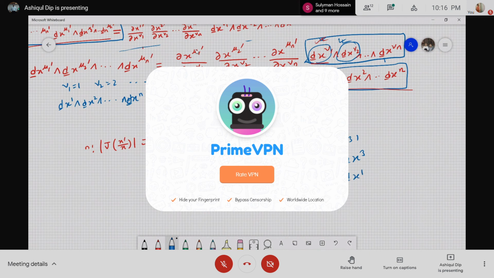Now what we are trying to do is to write this thing as the upper one. So if you switch these two terms, it gives you minus dx2 with dx1 with dx3, right?